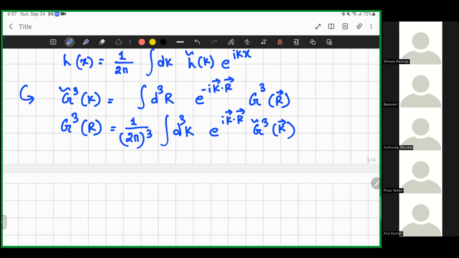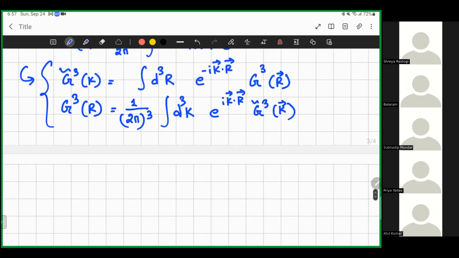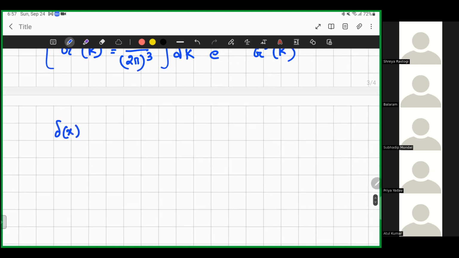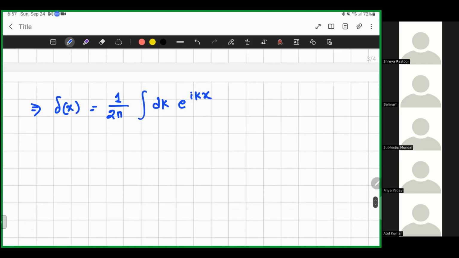Again, we know this equation will be used. Before that, we know the form of the delta function of x in one dimension. We can write it like this. This is the form of the delta function. Right? So in 3 dimensions, it will be just the same with e to the power ik·R. So this is the form of the delta function.